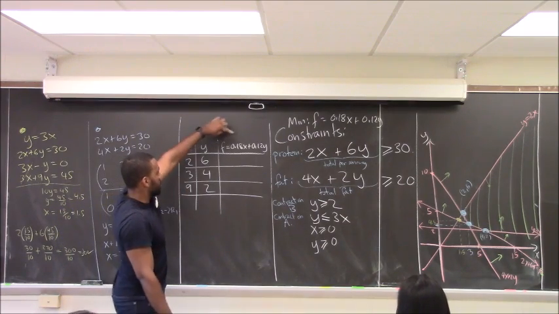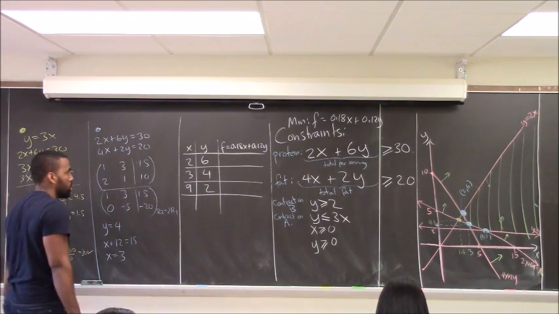Okay, so now plug this into your calculator. 0.18 times 2 plus 0.12 times 6.